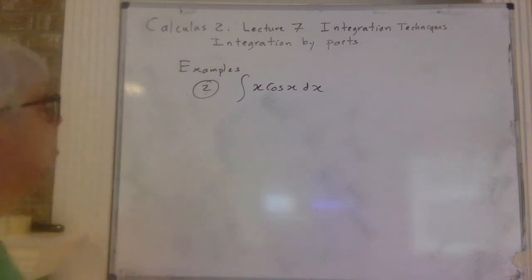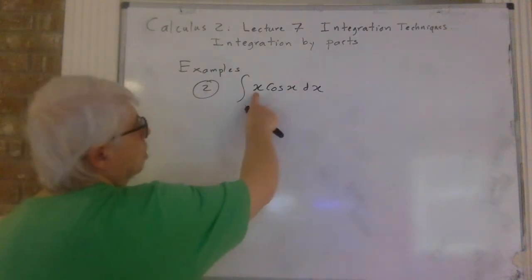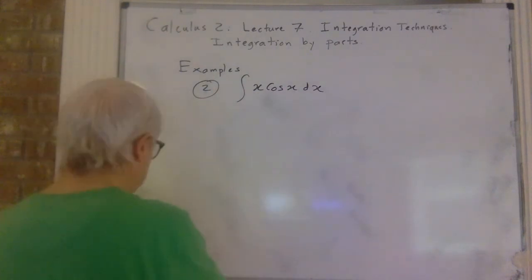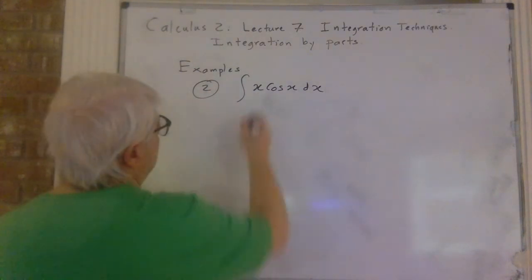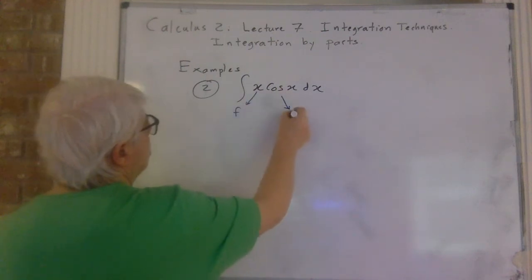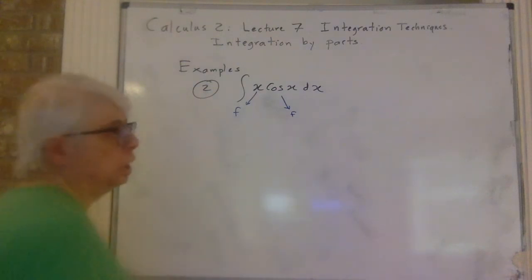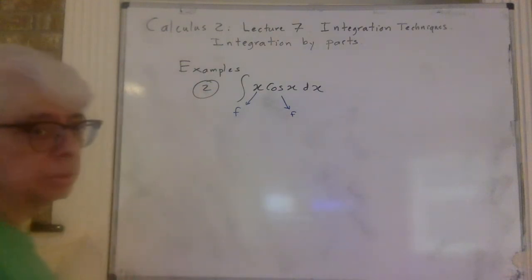But anyway, the same thing happens. There is an inside function, but the derivative of this x is 1, not x. Then I have to choose which one to be f, this one or this one. The derivative of this is 1, the derivative of this is minus sine x.